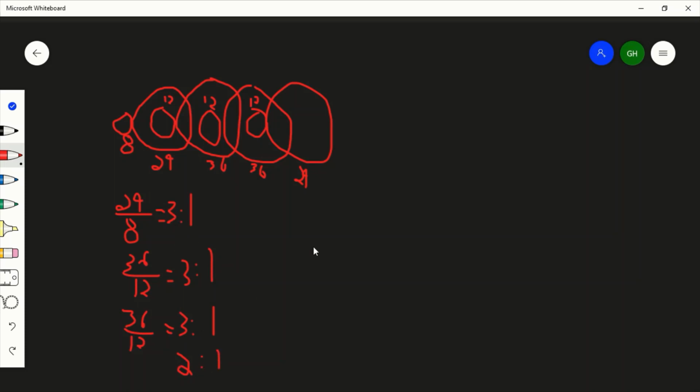So now we can multiply all these together. So 3 times 3 times 3 times 2, which is the same as 9 times 6, which is 54.